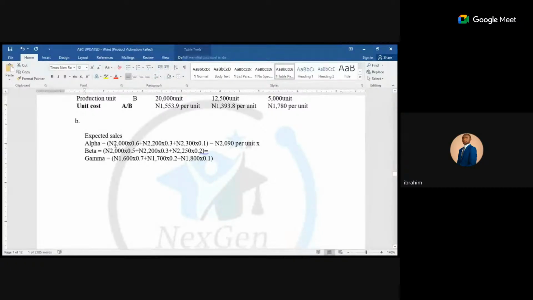This is 2,090 naira per unit, class. It is the sales price per one unit. So you need to get the expected sales in value.